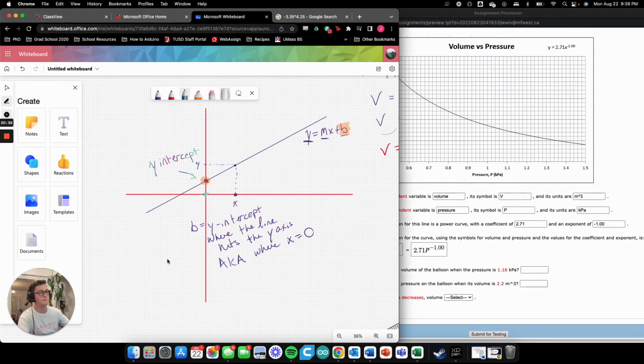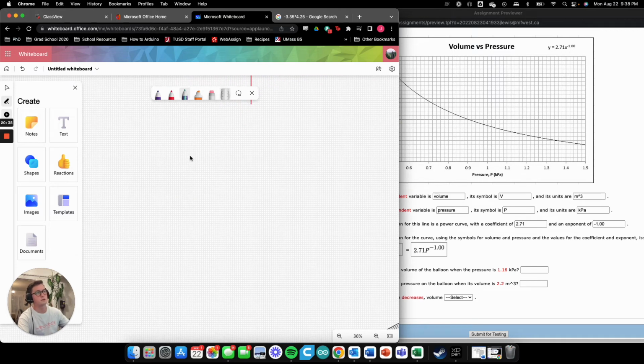Okay, so back to our drawing board. V equals 2.71 P to the power of negative 1.00.